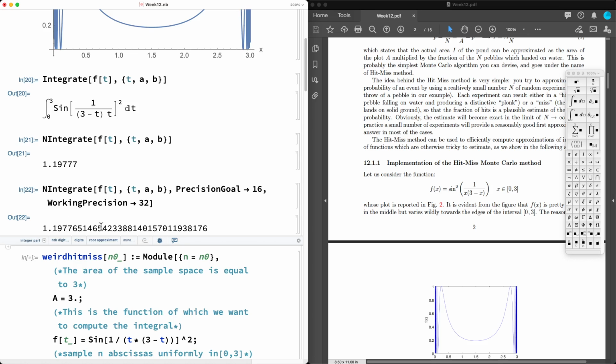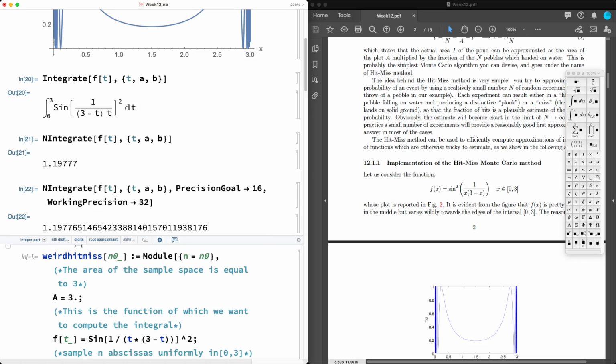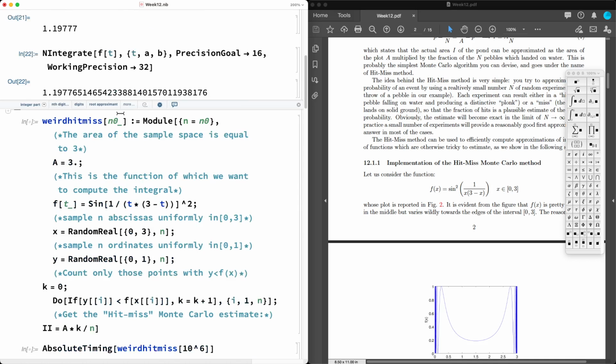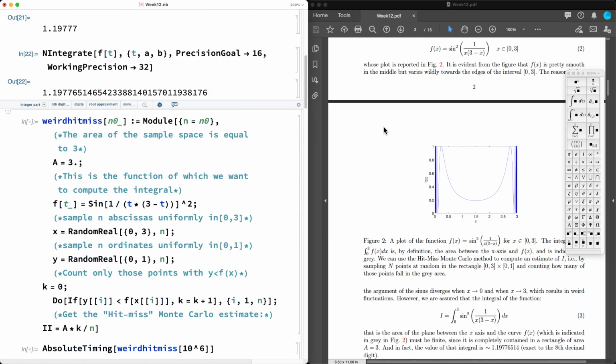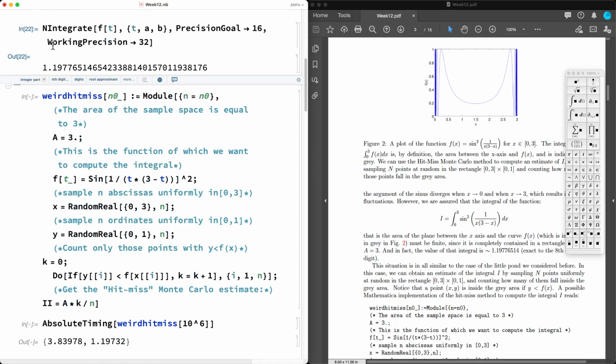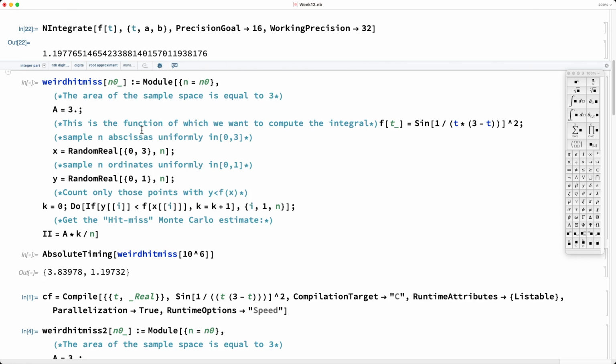So if we want to use the hit and miss method, let's construct a module that calculates this area.